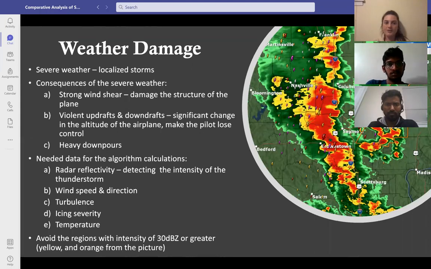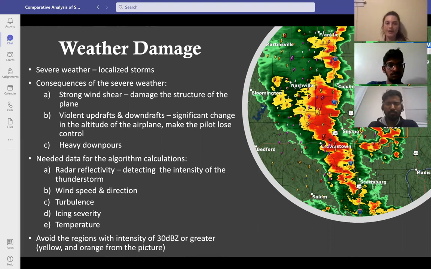The consequences are strong wind shear, which can damage the structure of the plane, and violent updrafts and downdrafts, which can significantly change the altitude of the airplane and also make the pilot lose control of the plane.